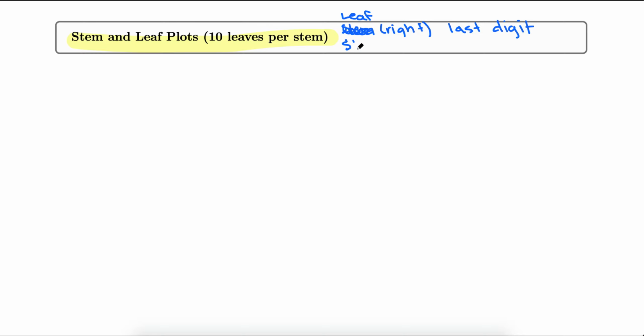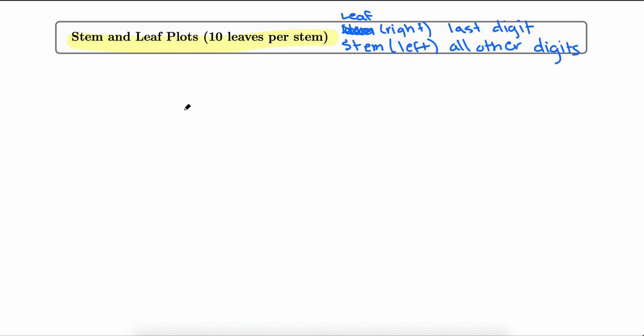And then the stem is on the left side. It's going to have all other digits. Now, sometimes you might have numbers that are really big, and in a stem and leaf plot in those cases, you're probably going to round those numbers to the nearest 2 digits or something like that to make it more compact.